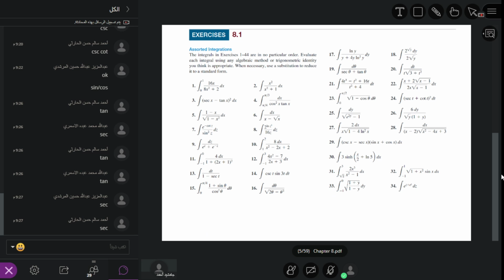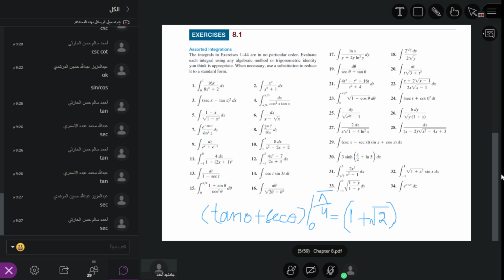So here we have tan theta plus sec theta, from 0 to pi by 4. What is tan pi by 4? It is equal to 1. Plus sec pi by 4, which is equal to square root 2.